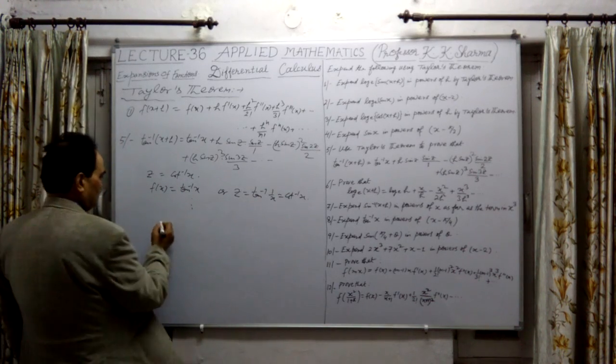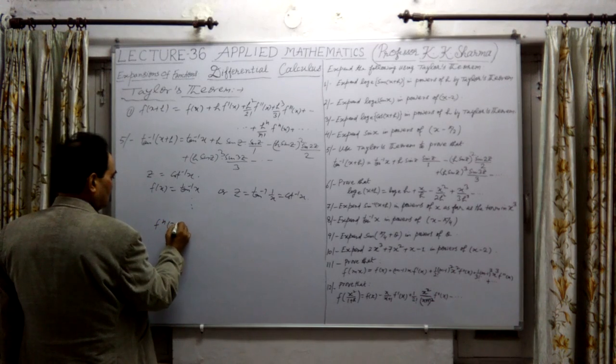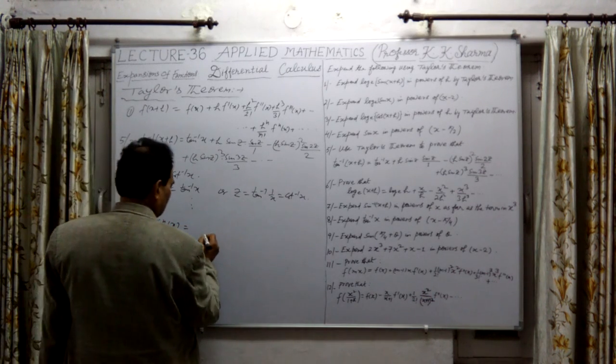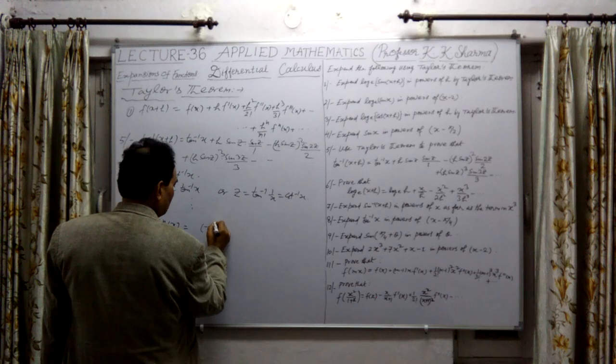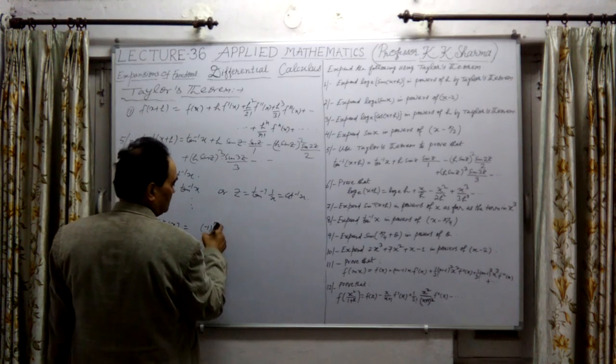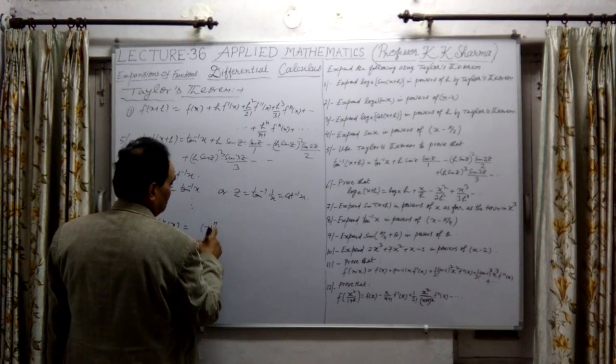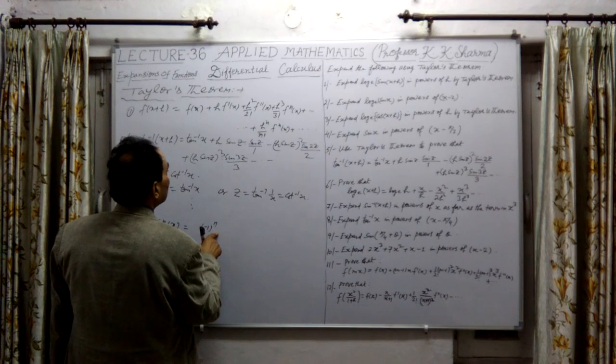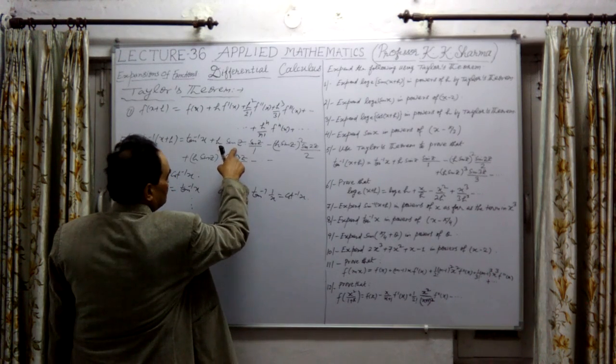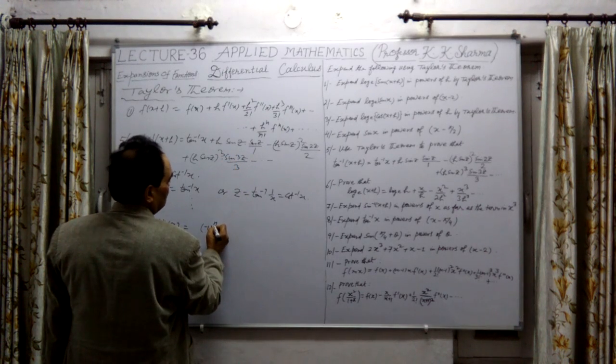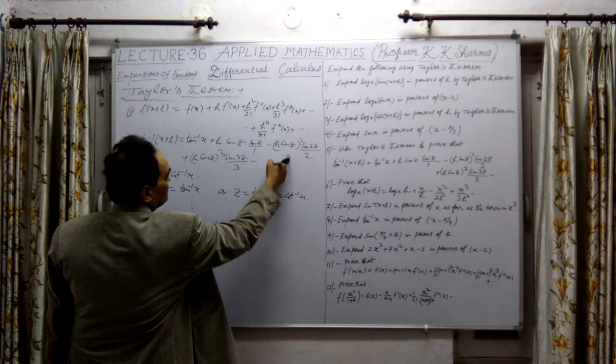What is f n? f n x will be minus 1 whole power n, negative or positive depending on whether n is even or odd. If it is odd, then it is positive; for n equal to 1 it is positive, for n equal to 2 the second term, and the third one is negative.